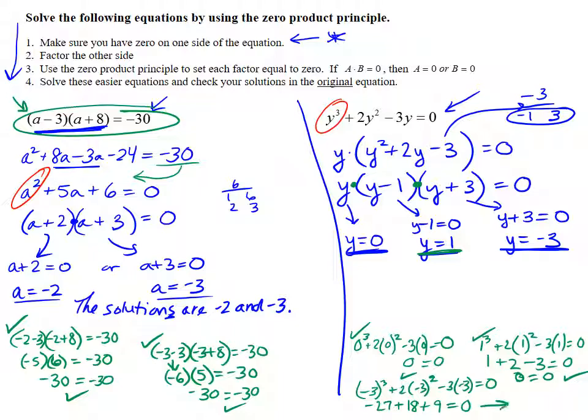I'm running a little bit out of room, but negative 27 plus 18 and 9 is 27. So negative 27 plus 27 is going to be 0 equals 0. That also checks. So again, we end up with 3 solutions here. The solutions to this last equation are 0, 1, and negative 3.